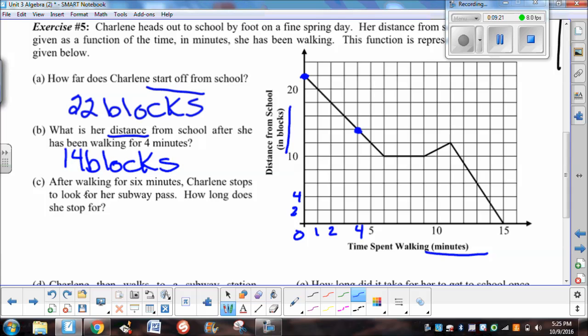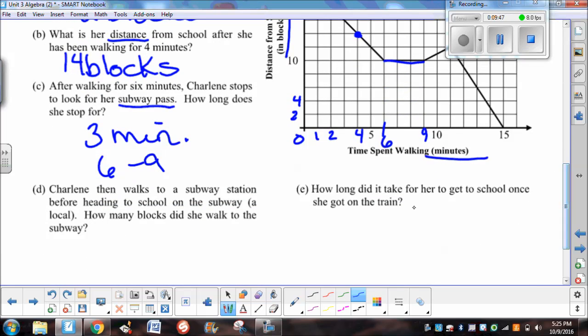So now it says, after walking for 6 minutes, so 6 minutes is right here, Charlene stops to look for her subway pass. So she's paused right here. Okay, how long does she stop for? So she stops from 6 to 9. She stops for 3 minutes. Okay, 6 to 9 minutes she stopped for looking for her subway pass.